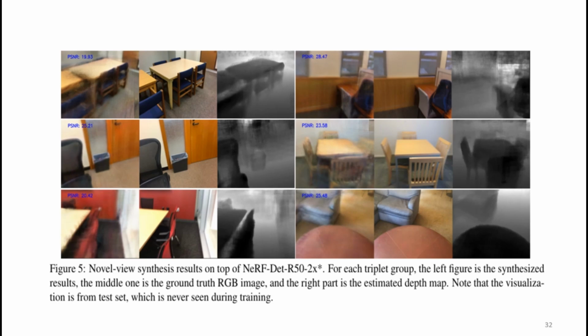By adopting this approach, NeRF-Det significantly improves performance on 3D detection tasks, outperforming existing state-of-the-art methods by 3.9 mAP on the ScanNet benchmark, and 3.1 mAP on ARKitScenes. So kindly take note of this.